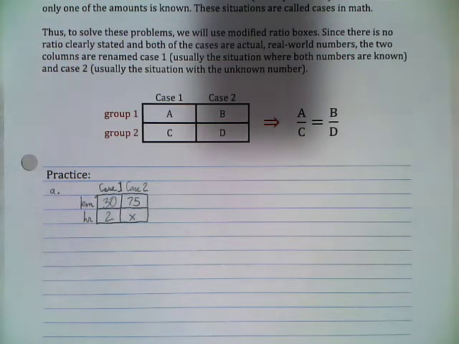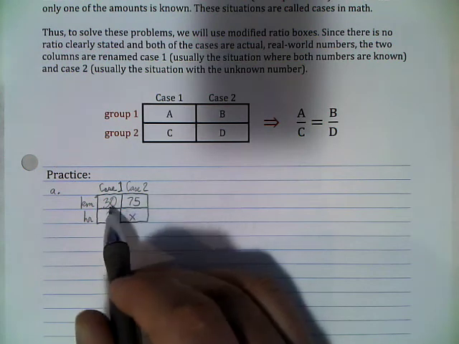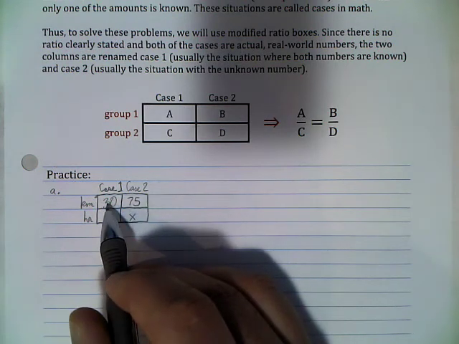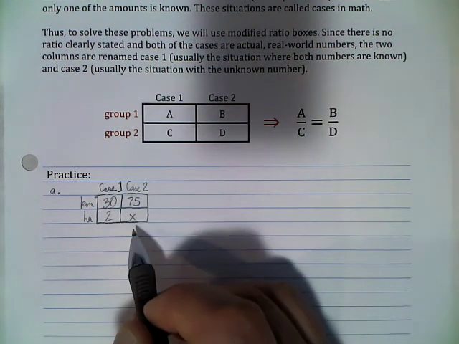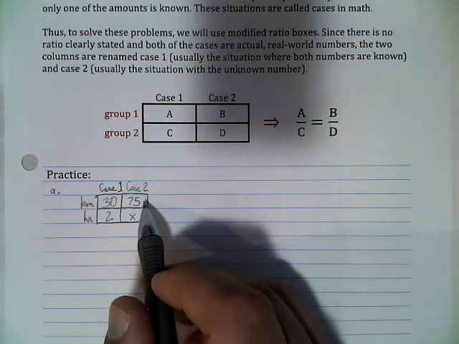So estimate the answer, then use a case 1, case 2 ratio box to solve this problem. First of all, to make an estimate, I'm going to look here and say 30, and then times what would be 75, or at least close to it. Well, 30 times 2 would be 60, 30 times 3 would be 90.